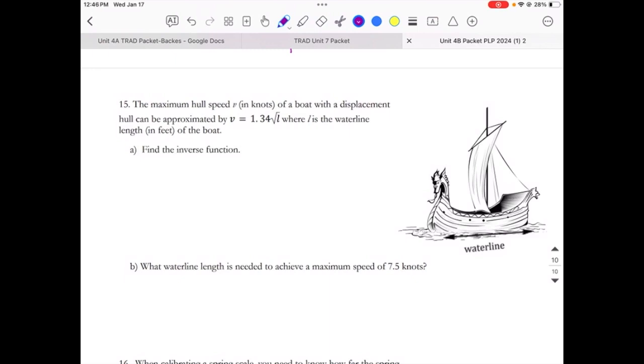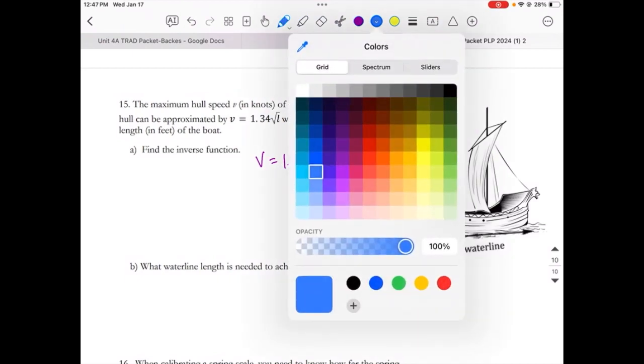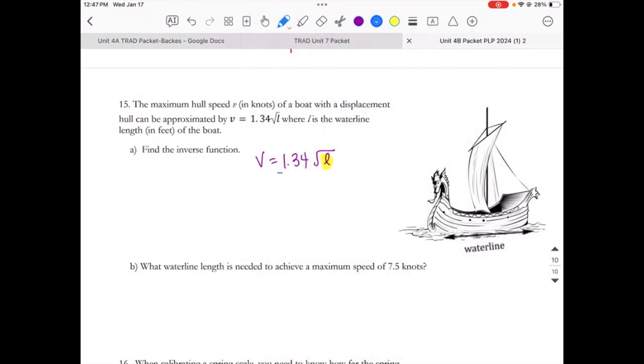So the last thing that we talk about in this unit is solving inverses when the variables are defined. Remember, if the variables are defined, you're not going to switch the variables, you're just going to isolate the other one. So we're just going to take v equals 1.34 square root of L, and we're going to isolate this L, which means we have to divide both sides by 1.34.